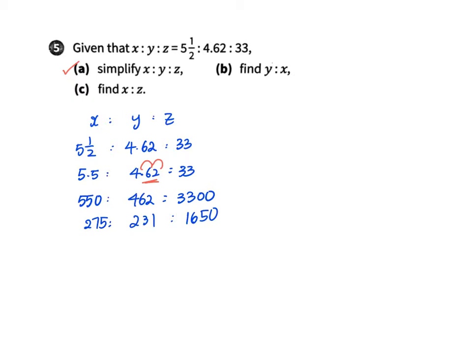It works. 1650 divided by 11 gives me 150. So I shall divide throughout by 11. And that gives me 25 is to 21 is to 150. Have you gotten the answer?